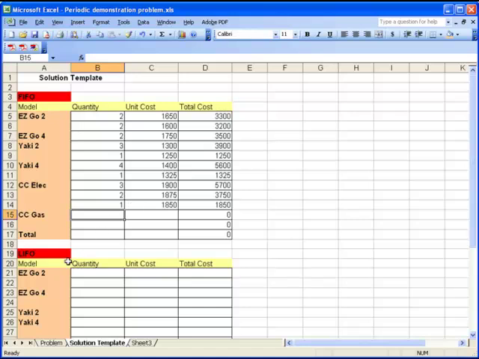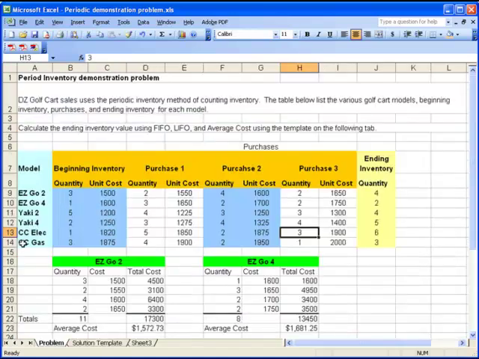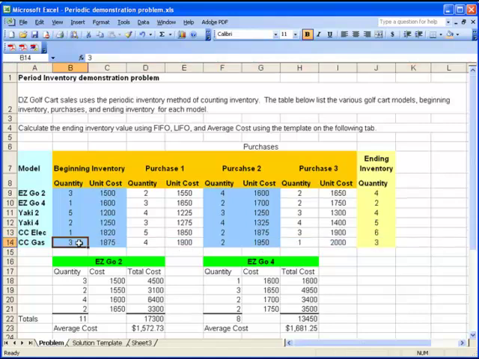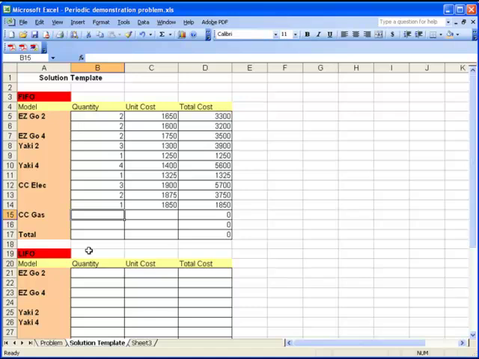Finally we have our CC Gas model, and we have 3 left in inventory. We started with 3, then bought 4 more, then 2 more, then 1 more. These have been sold, and our inventory remains made up of 1 at 2000 and 2 at 1950.